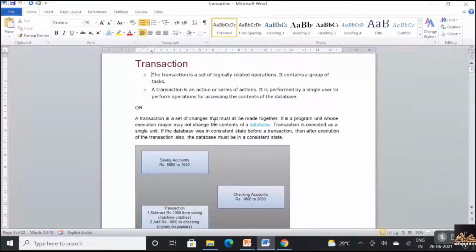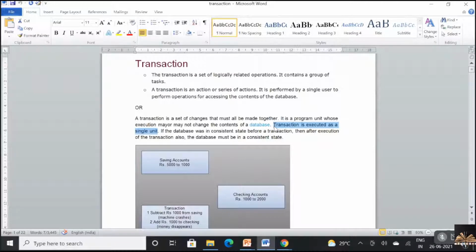Whenever you're working with a transaction, you should make sure that all the actions present in a transaction should be made together, or it should not be reflected at all. If there are some statements that are left out while executing a transaction, then I can indirectly say that a transaction is executed as a single unit.